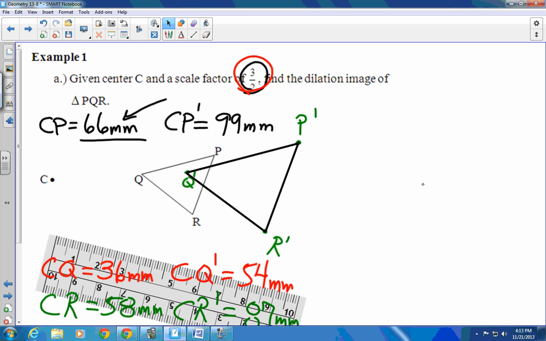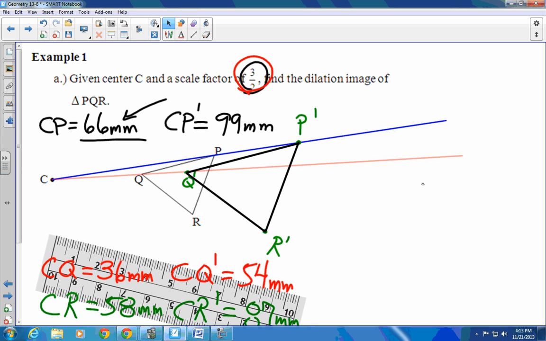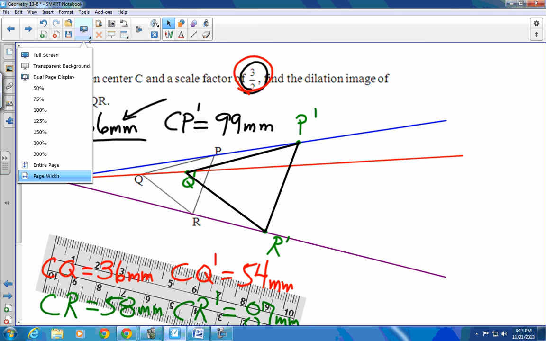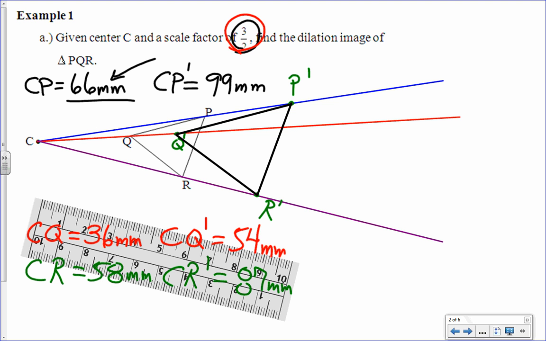You should already have that one and that one drawn. So now, instead of making a scale factor of 1.5, we're going to make a scale factor of 1/2. That's what your second one was, so we're not going to use that anymore.